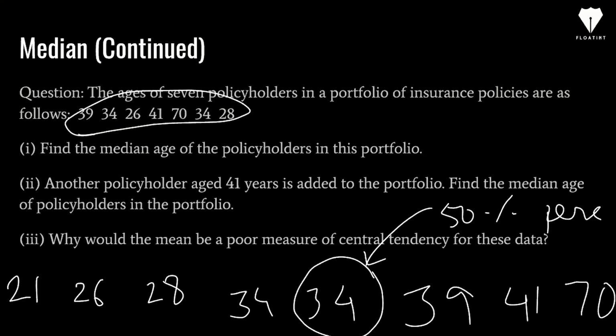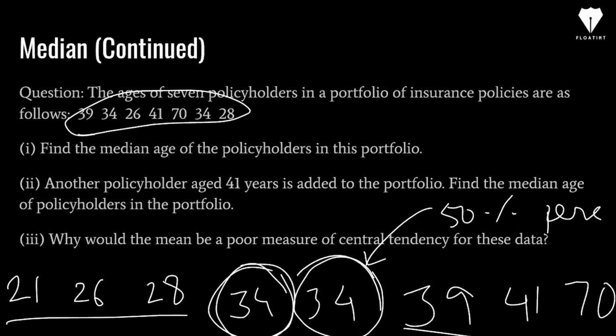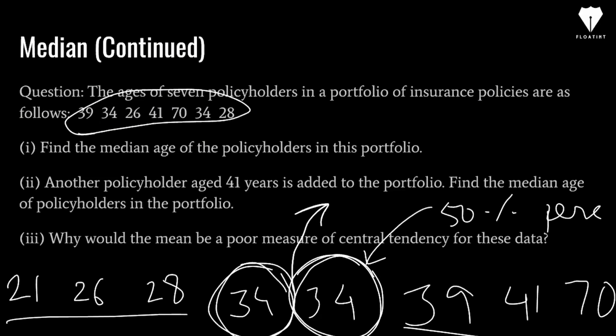Here I have 3 this side, 3 this side, and in the middle I have two numbers. So I'll just take the mean of these two numbers, which is 34. If it had been 33 here and this had been 34, in that case the median would have been 33.5.